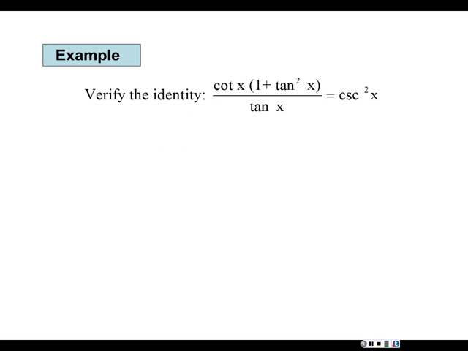Let's try this one. Solving this kind of identity, verifying identity, is basically a kind of puzzle, because you have all those identities and you have to see which one would suit best.